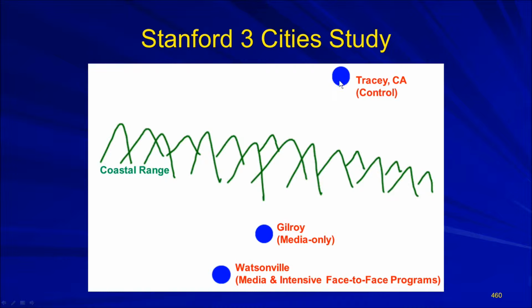And what we didn't want to see happen is that people from Tracy would come to visit relatives in these two cities or vice versa and share information about the intervention they were going to receive, because that would be a bias or an error, and we didn't want that to go on, and that has happened in big studies and they become null and void, and all the money spent was for naught.